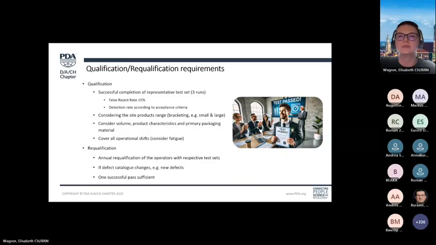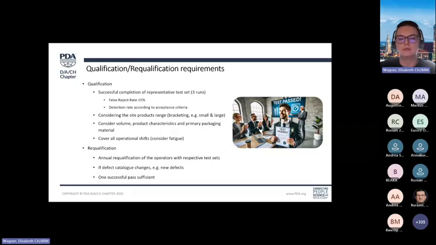And as I mentioned before, you have maybe to consider also what is produced on your site. If you have different vial types with a volume of 200 to 500 milliliter, or different syringes or different product characteristics, this should be justified in the document how the operators are qualified and with which qualification test sets.